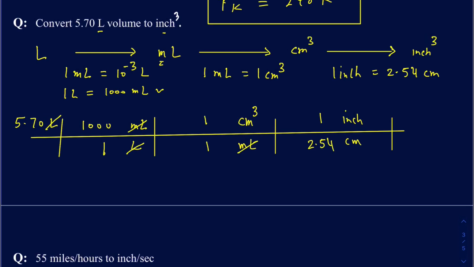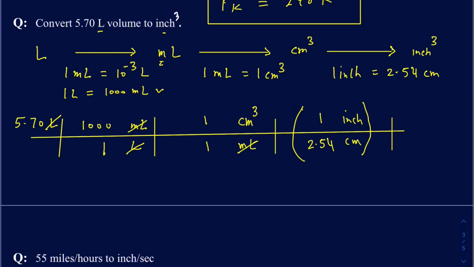Well, there is one more thing you have to be really careful with. Remember, this is centimeters cubed, and the conversion factor we have here between inches and centimeters is just in one dimension. So we want to make sure we have centimeters cubed and inches cubed here. To get those cubed, you have to cube this whole equality, including the numbers, the 1 and the 2.54.